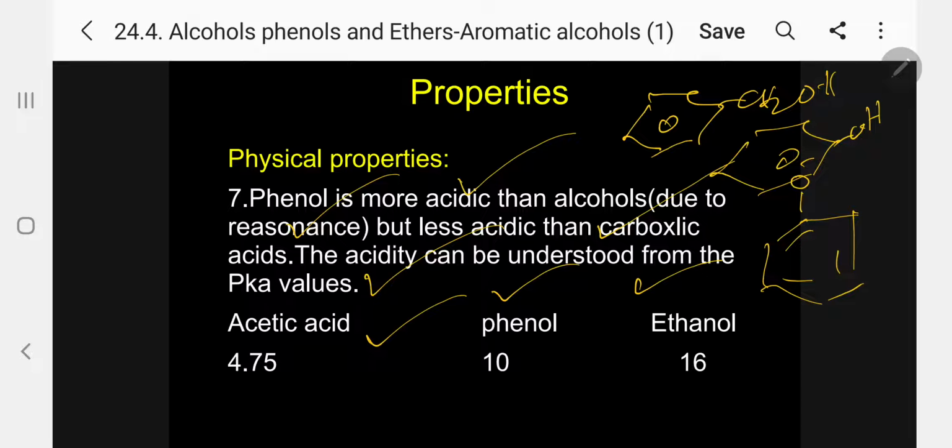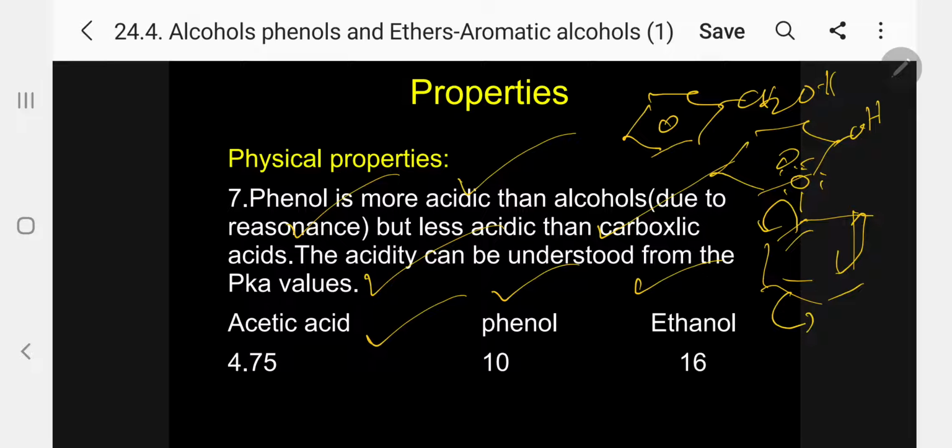There will be a negative charge, a lone pair. This lone pair will be donated into the ring, and various resonance structures are possible. So it is more stable. That's why it is more acidic in nature, because oxygen is an electron withdrawing group, so H can be removed easily.